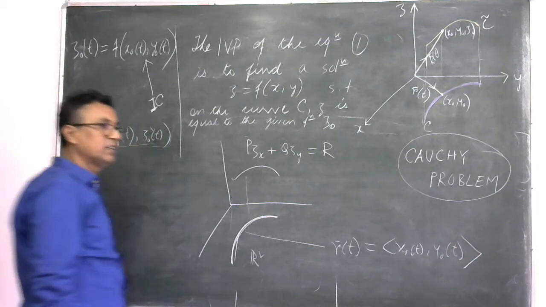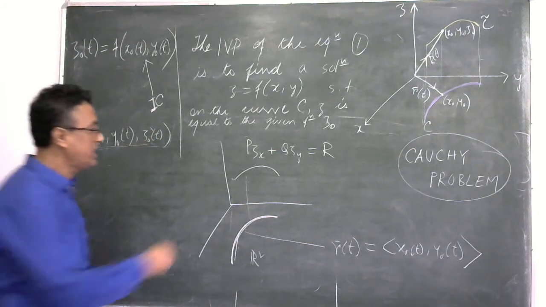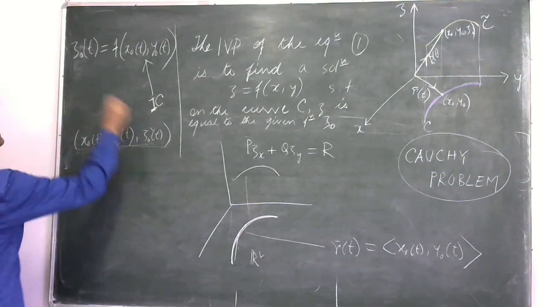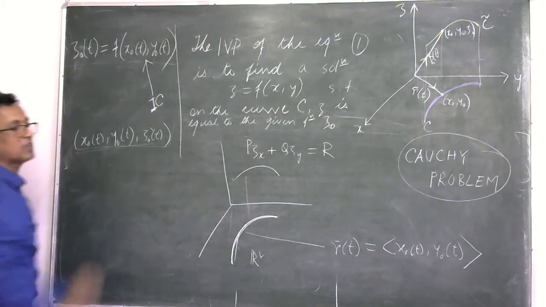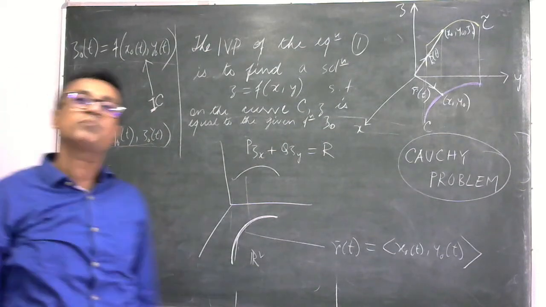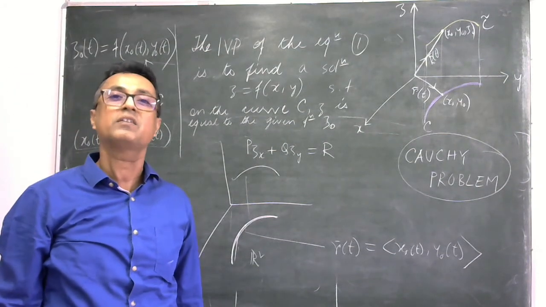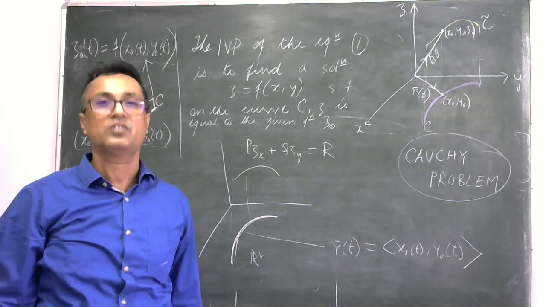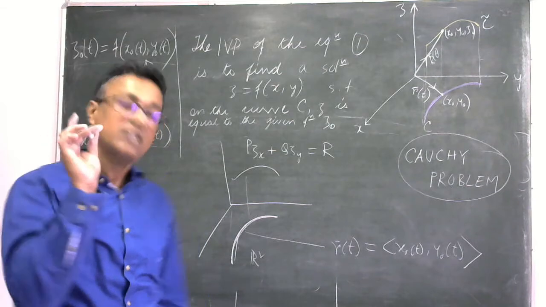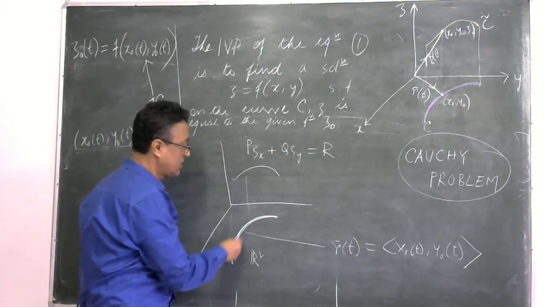You will be given that condition. So this is nothing but my initial condition. It may not be exactly given in terms of t, but you are going to be given that in terms of some functional relationship. But that functional relationship is going to hold only along this curve.